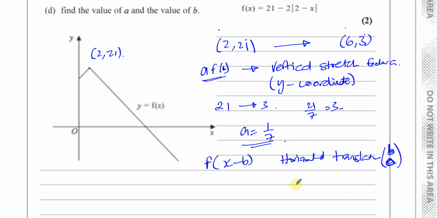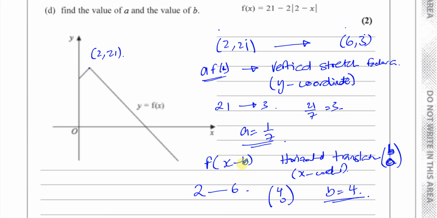And it's going to affect only the x coordinates. So we can see the x coordinate went from 2 to 6. So it's moved 4 units to the right. That means it's going to be a horizontal translation of 4, 0. That means b is going to be equal to 4.